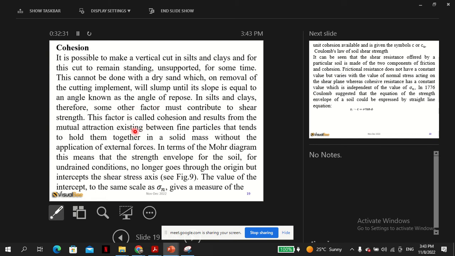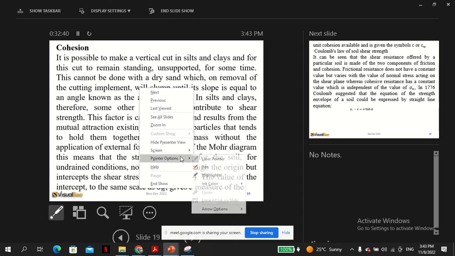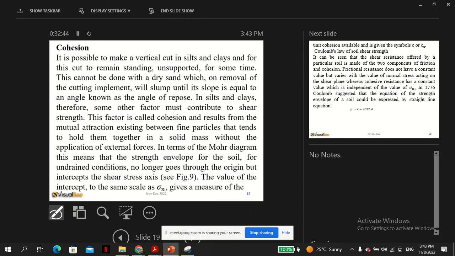Again, another important thing: the angle of repose has something to do with phi. When you pour something like flour or sand on a flat surface, these are the particles of sand, and you just pour on a free surface.